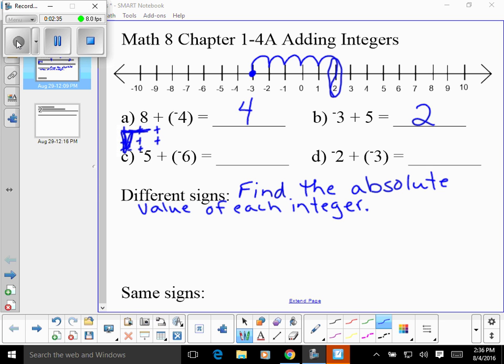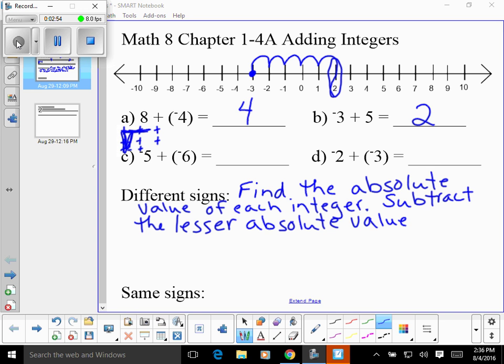And here's the part that gets tricky. Subtract the lesser, meaning the smaller, absolute value from the greater absolute value, or the larger one.